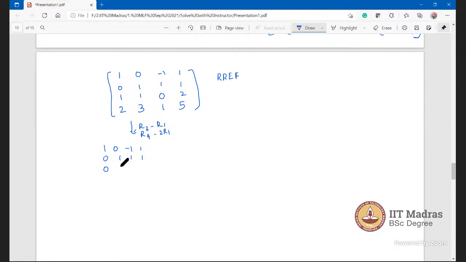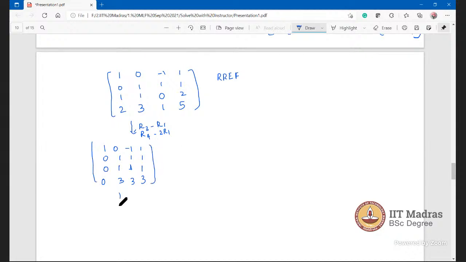So 1 minus 1, 0. And R4 minus 2 R1 will give you 0, 3 and 3 here, and once again 3 here.